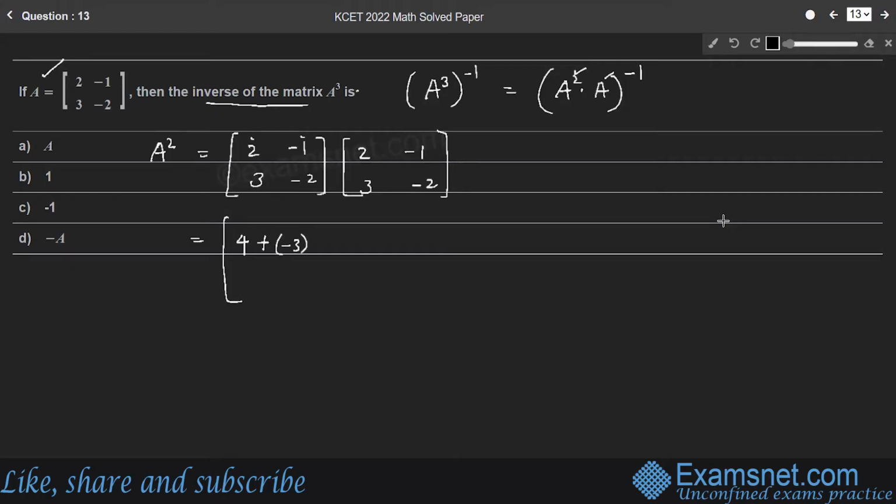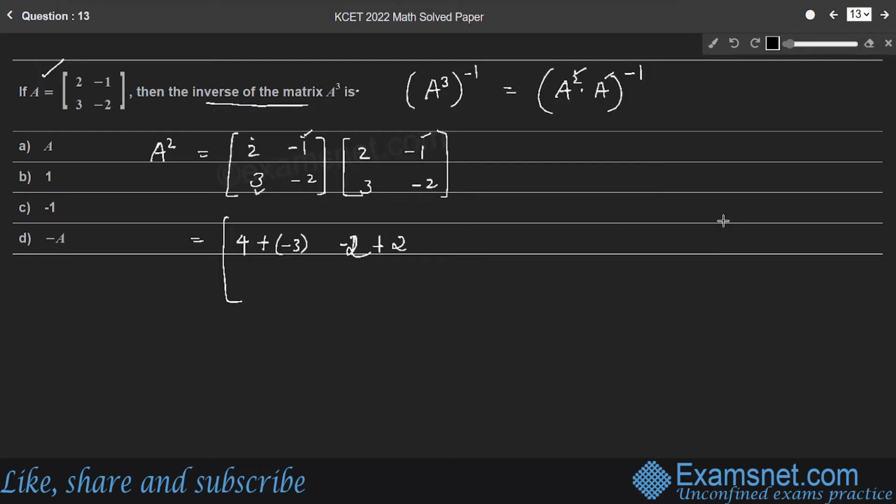The second element in the first row: 2 into minus 1 is minus 2, plus minus 1 into minus 2, which is plus 2.